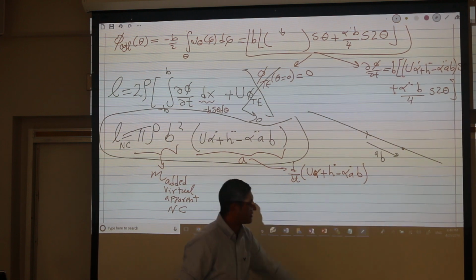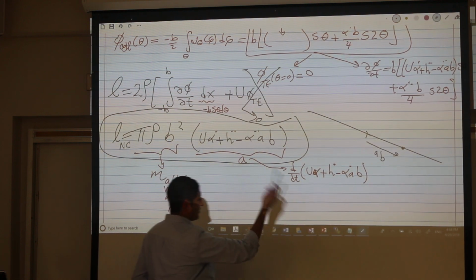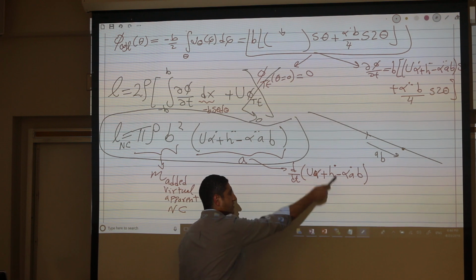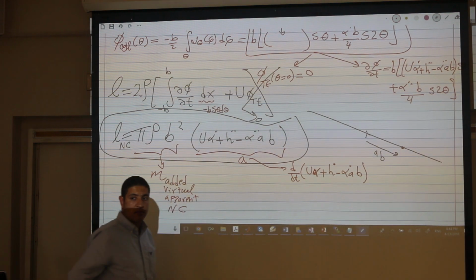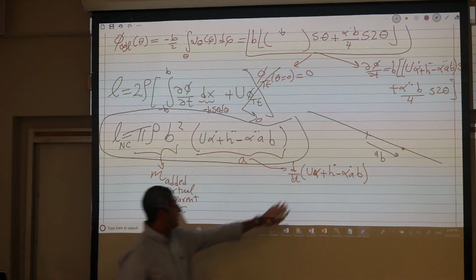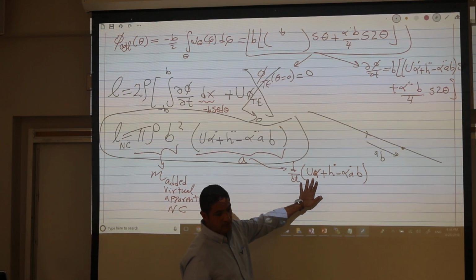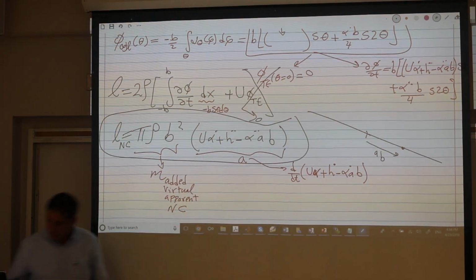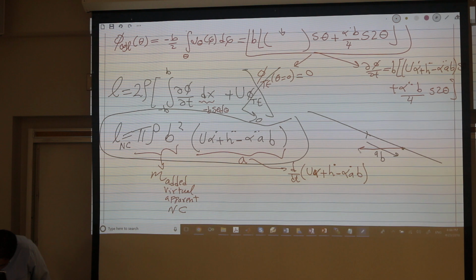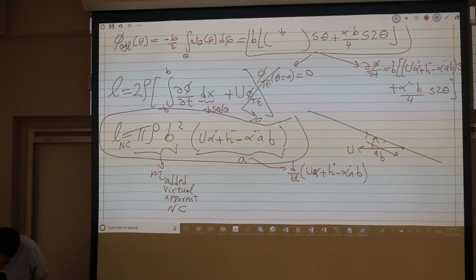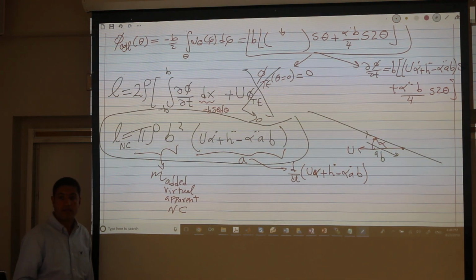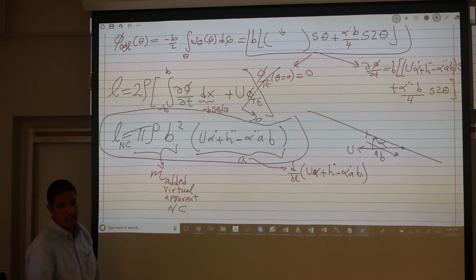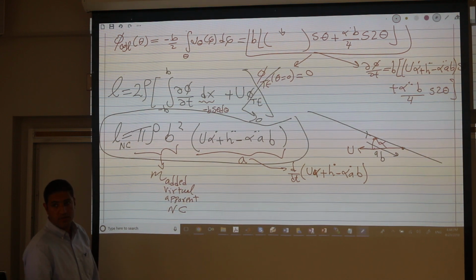Can you tell me what this velocity is? Recognizing that this is sine and maybe this cosine alpha. What is U sine alpha?